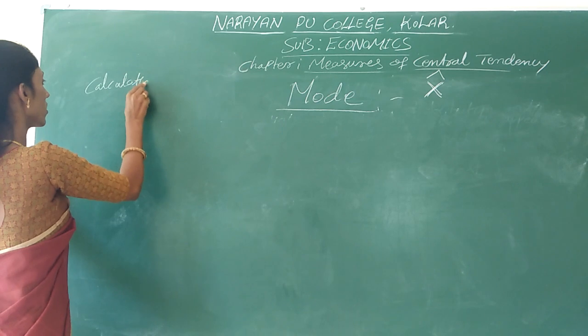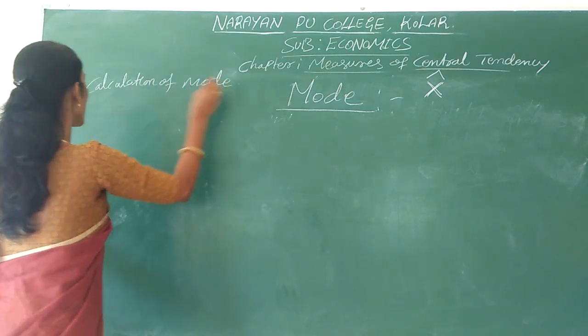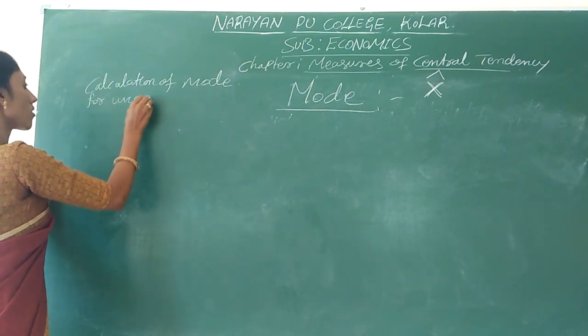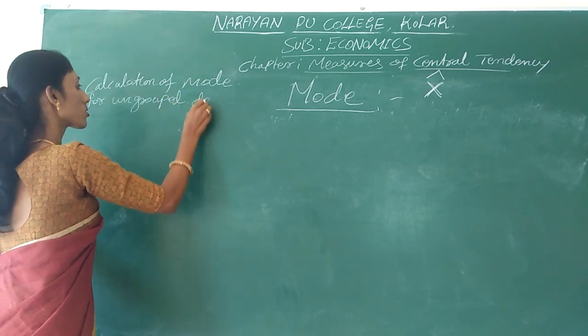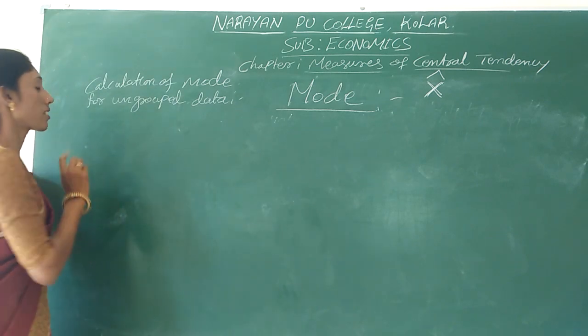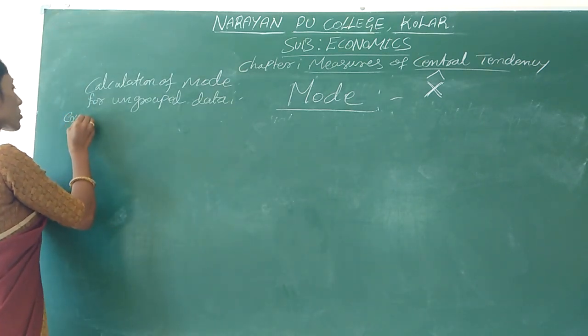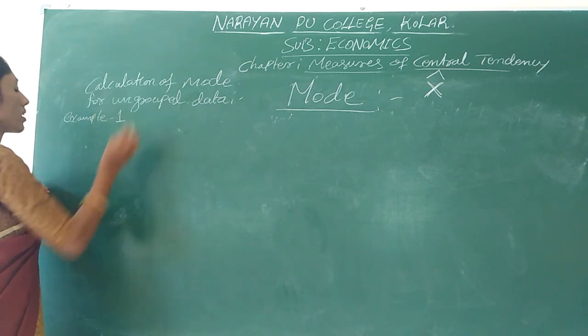Calculation of mode for ungrouped data. Got it? And take one example question now. Question number 1.